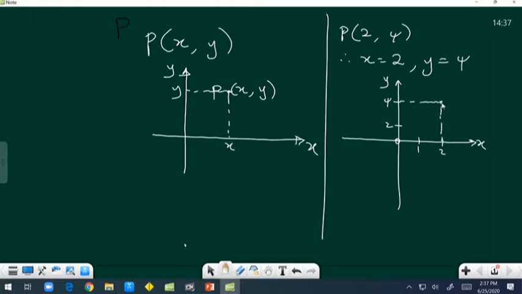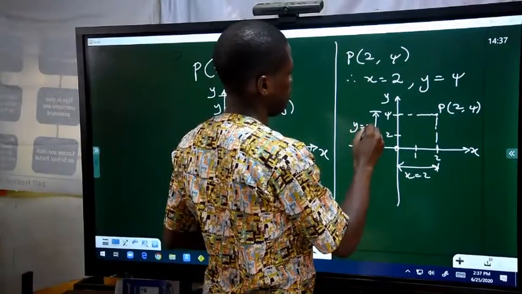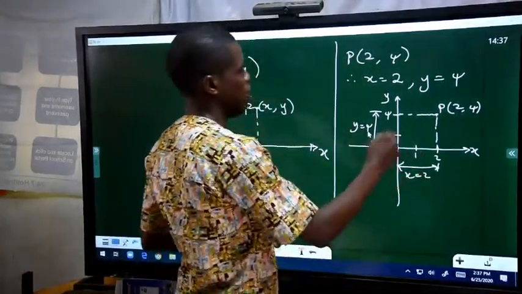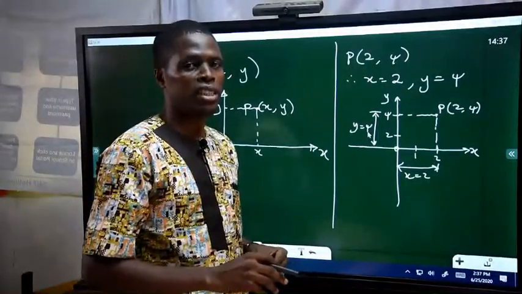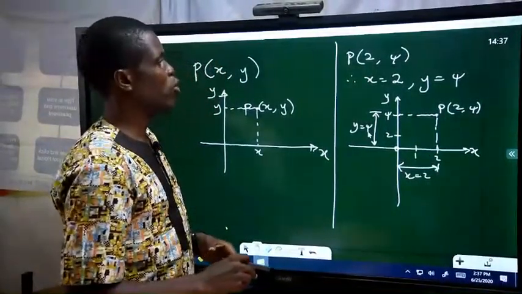So we have this point P, and that point P is the point 2, 4. At that point, x is equal to 2, and from the origin to this point, y is 4 units. So x is 2 units here and y is 4 units. This is a simple way of representing a point on the xy plane.